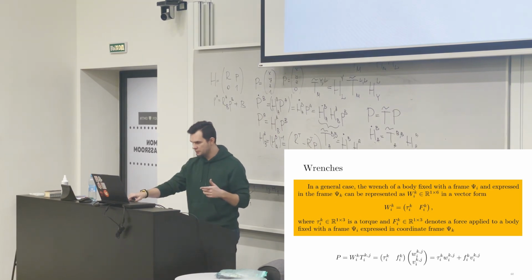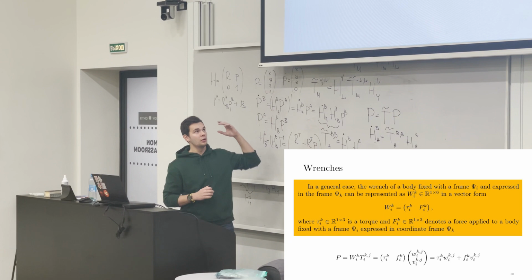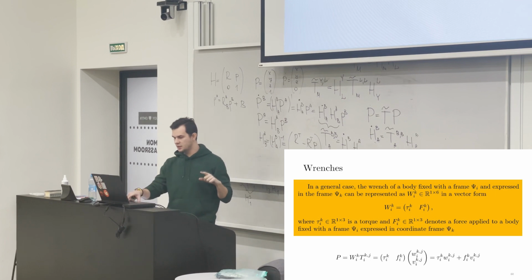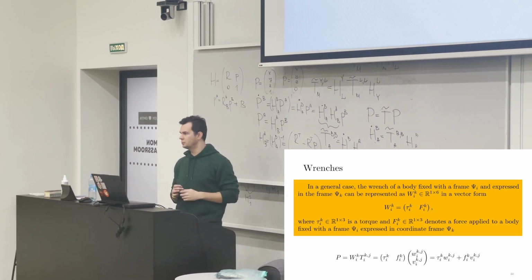So the wrench is a bunch of torques and forces. And the funny thing is that if you multiply wrench and twist, you will get power. And twist is nothing else than a vector of flow, and wrench is a covector of effort, if we talk about the bond graph of a rigid body.